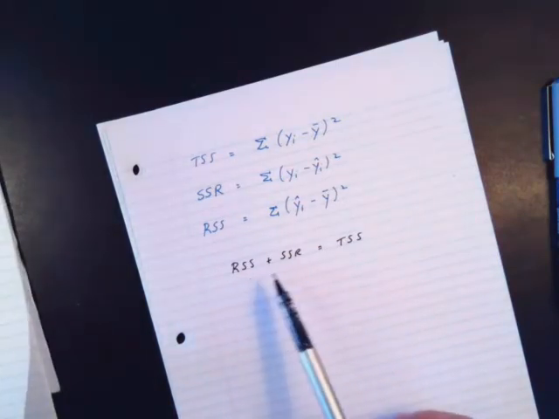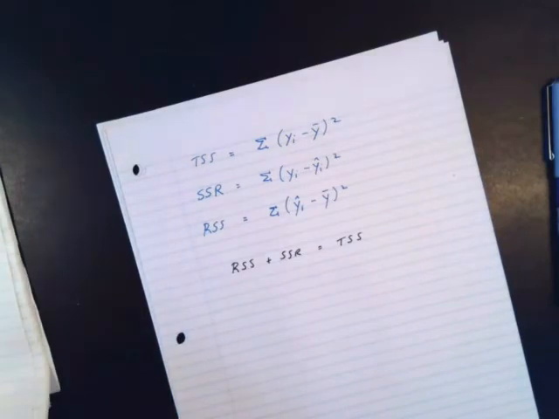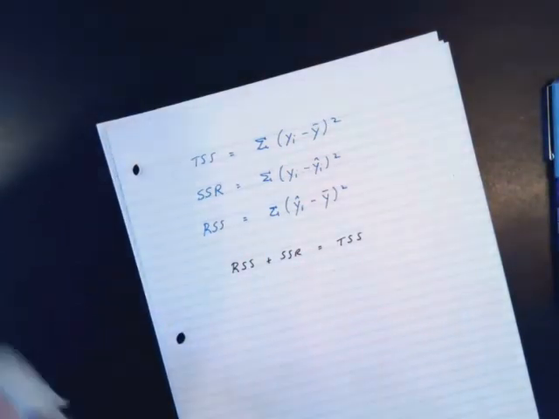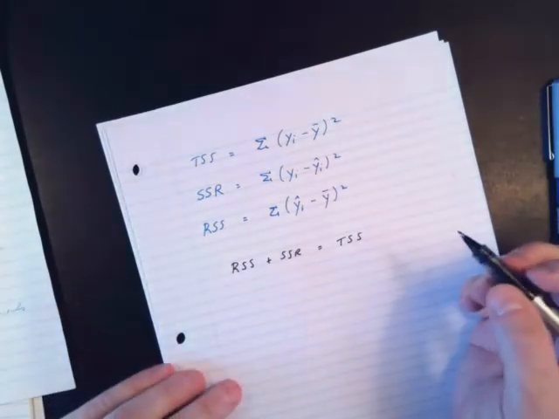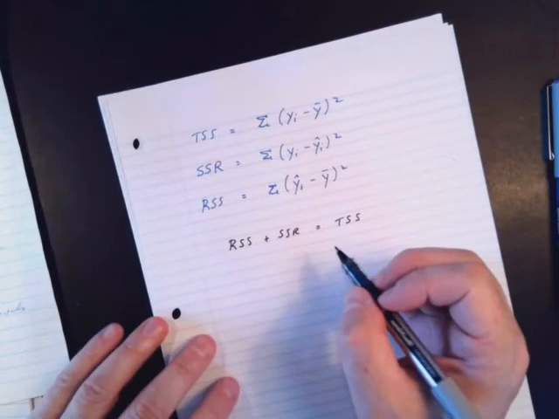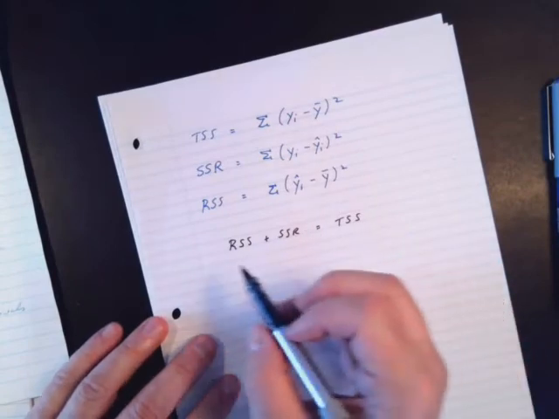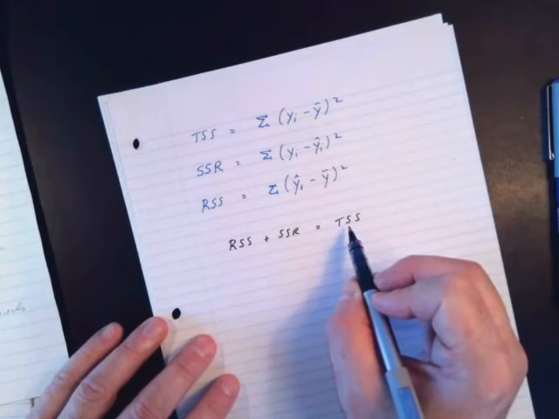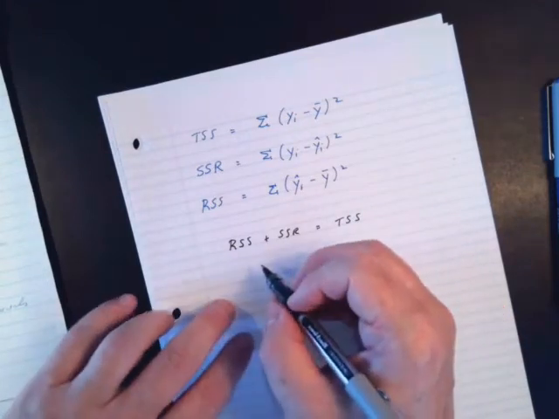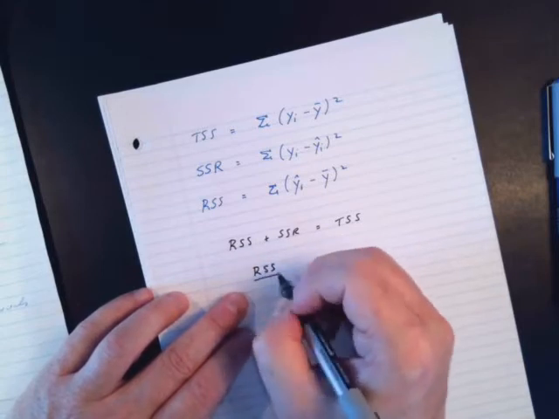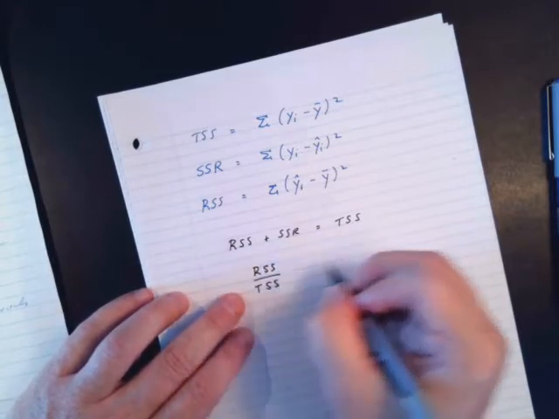The regression sum of squares plus the sum of squared residuals equals the total sum of squares. So what we're often interested in is how big is the regression sum of squares compared to the total sum of squares. An easy way of measuring that is to take the ratio of the two, RSS over TSS.